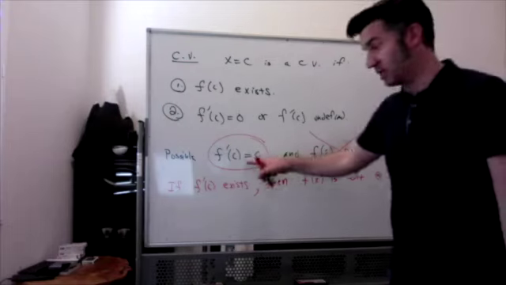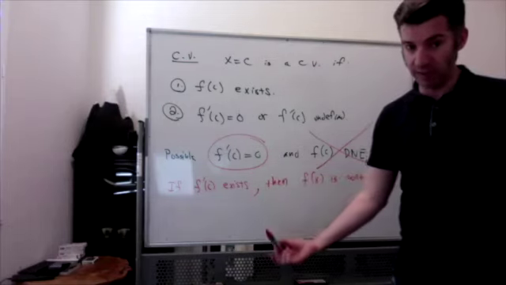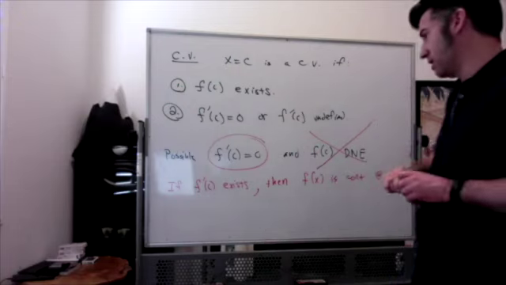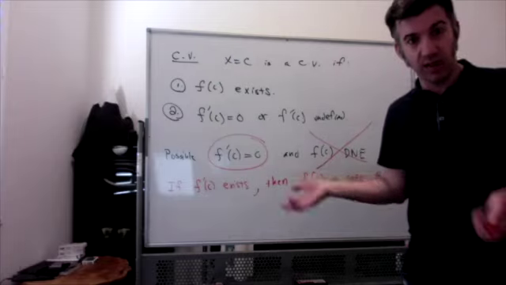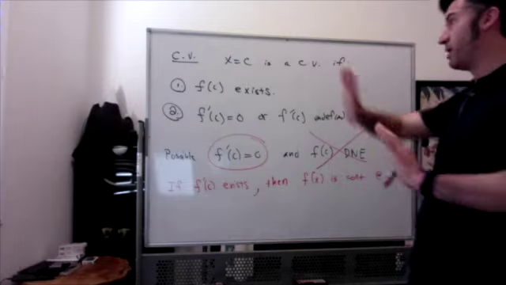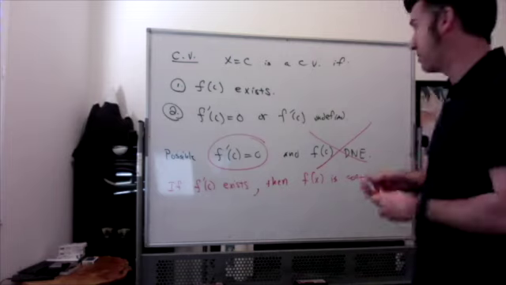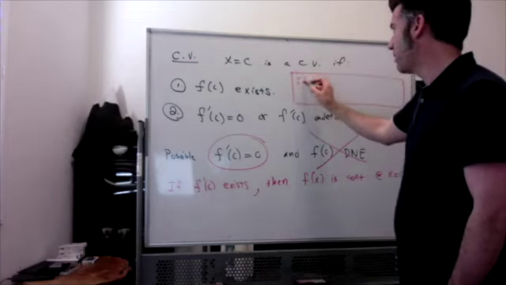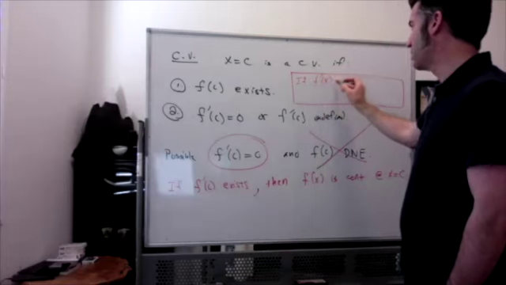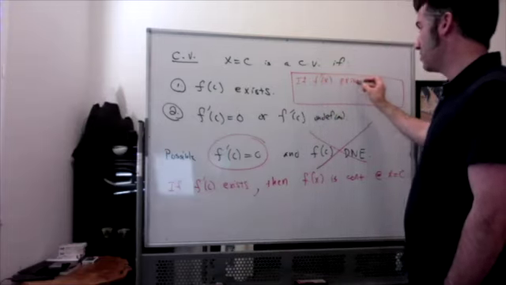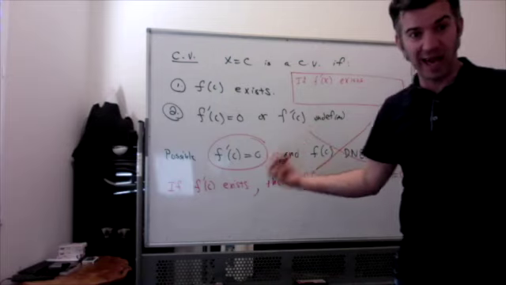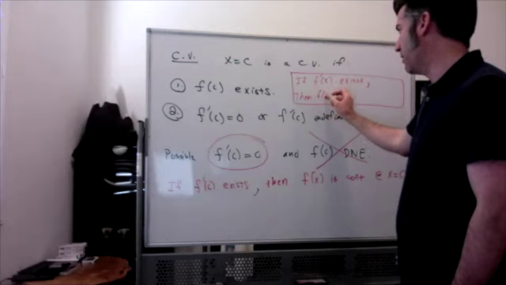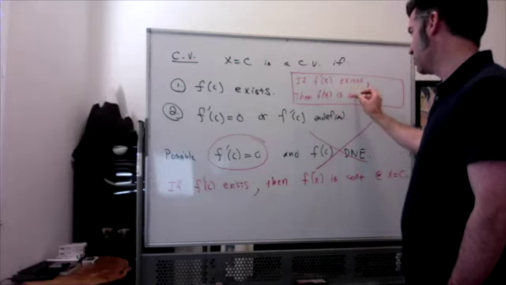Because being differentiable implies that it had to have been continuous, which means that it had to exist there. It's good to think about what these things really mean. So a really important point, the biggest takeaway from all of this, is that if f prime of x exists, meaning if f is differentiable at x, then f of x is continuous.